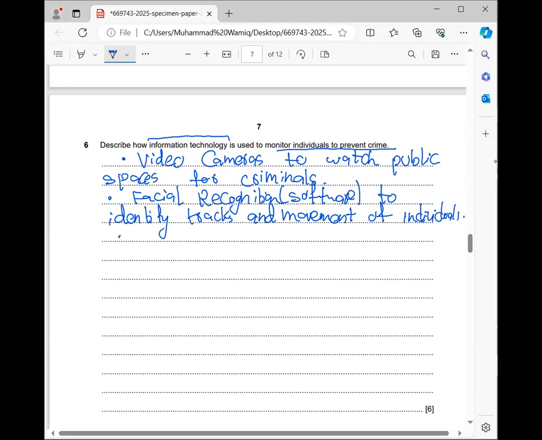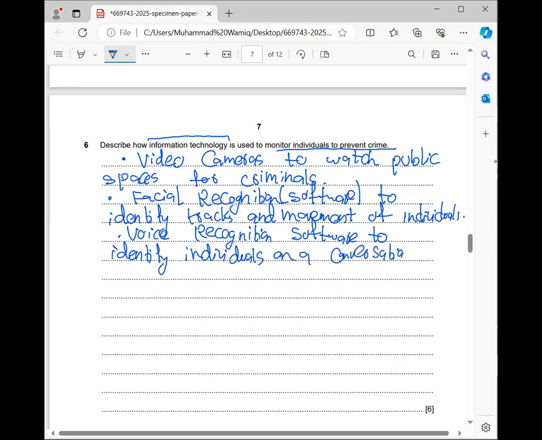And I can also write that I can use voice recognition software to identify individuals in a conversation, either if the conversation is recorded or live.